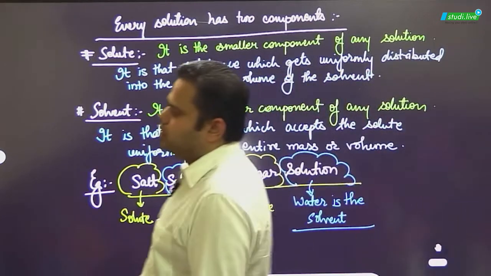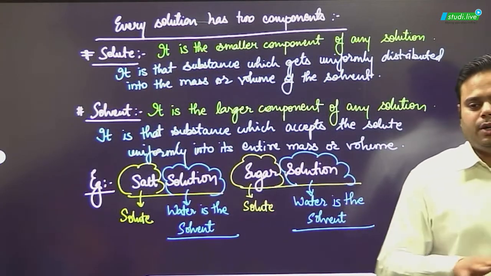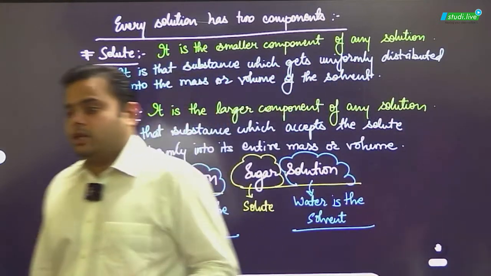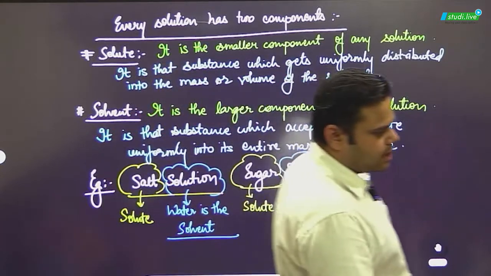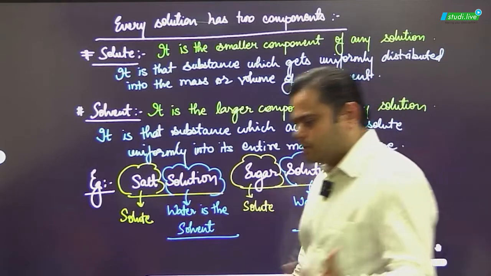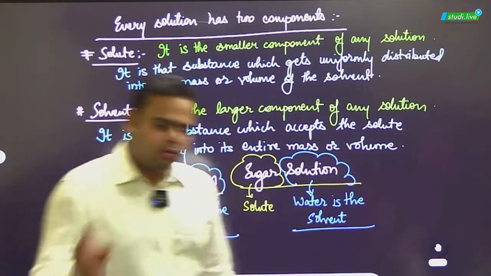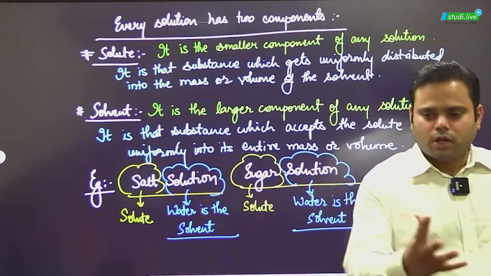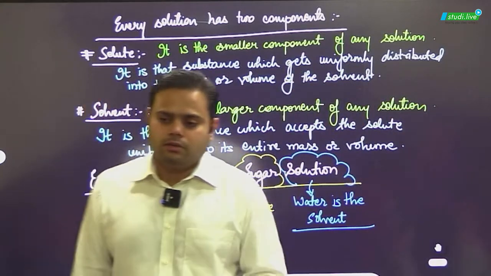Oil and water do not form a homogeneous mixture because oil is unable to uniformly distribute itself into water. Water is not ready to accept oil uniformly into its mass. Understanding? You pour oil over milk, milk is not ready to accept oil, oil is not able to enter milk. You pour water over milk, milk is down, water is up, milk is not ready to accept water, water is unable to enter milk.